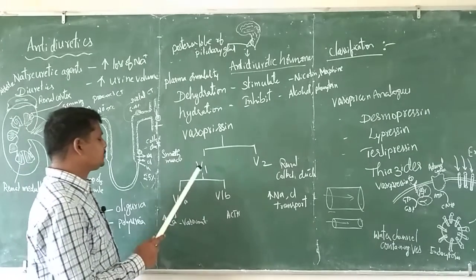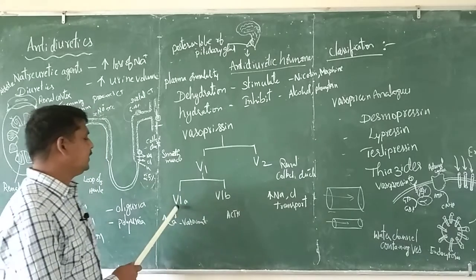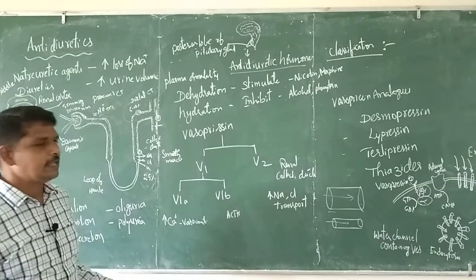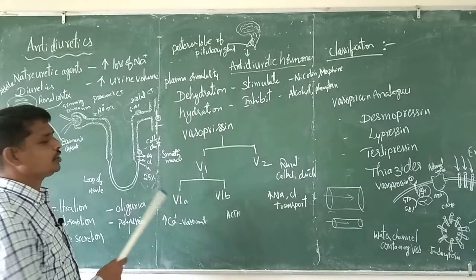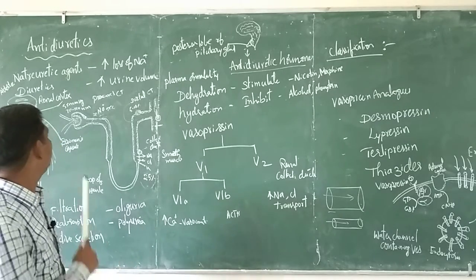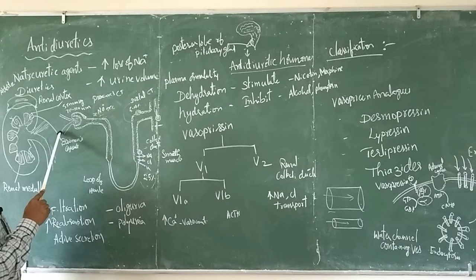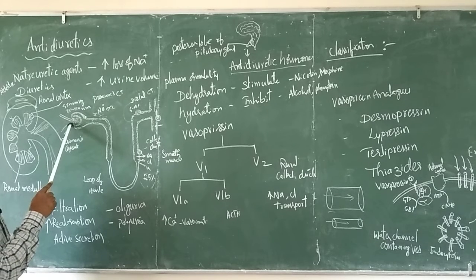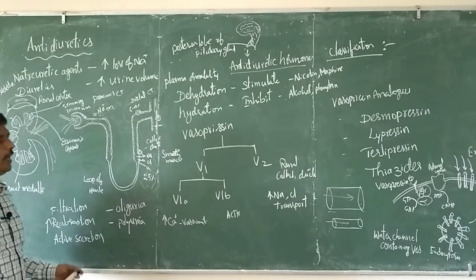V1 receptors can be further categorized as V1A and V1B. V1A enhances intracellular calcium levels and is responsible for constriction of the blood vessels. If the blood vessel is constricted, it will bring a lower volume of blood compared to normal.